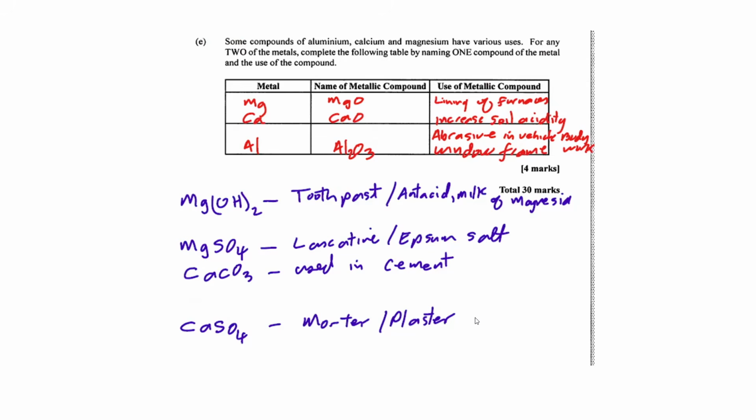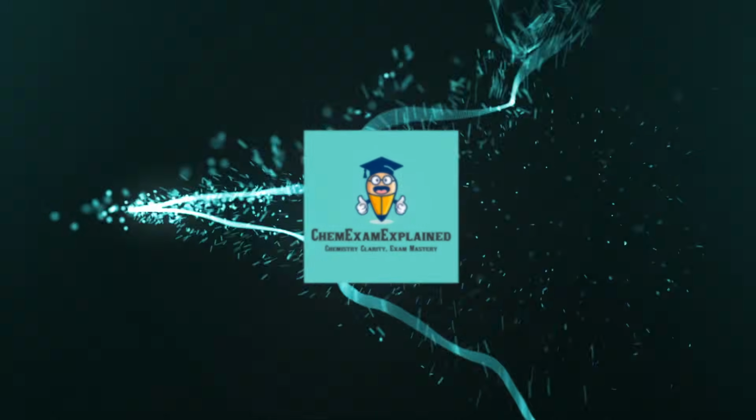And the plaster of Paris is when you get your hand broken or your legs broken, the plaster they put on it is called plaster of Paris, and it is calcium sulfate. This ends Module 3, Question 3 of Unit 1, Paper 2, 2025.